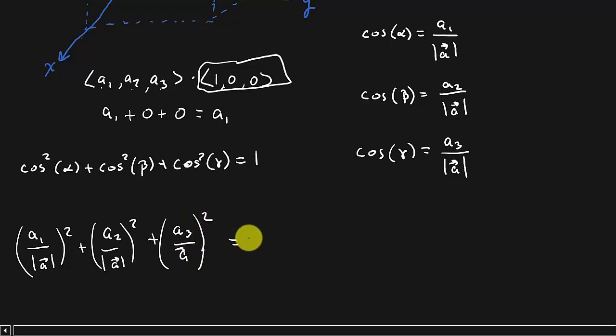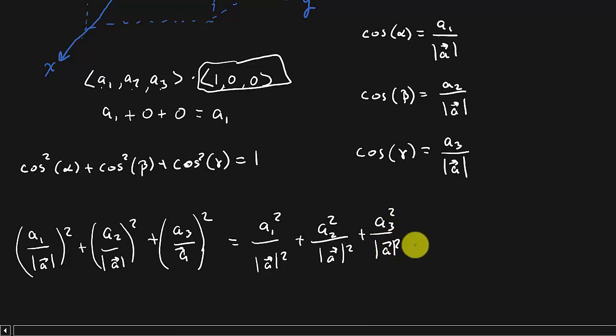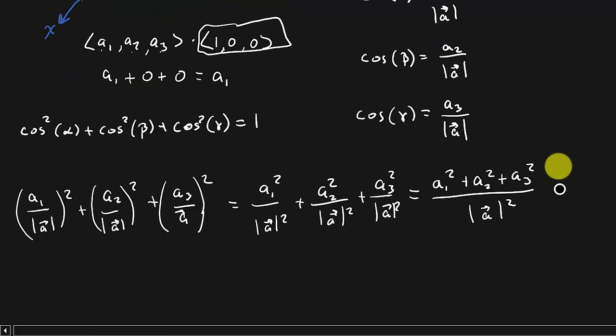So let's say I have that. That's going to give me A1 squared over the magnitude of A squared plus A2 squared over the magnitude of A squared plus A3 squared over the magnitude of A squared, which is going to give me A1 squared plus A2 squared plus A3 squared over the magnitude of A squared, right? So far, so good.